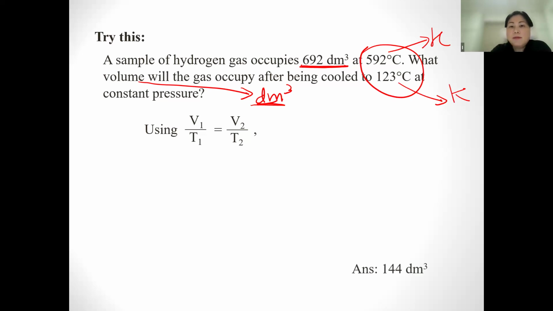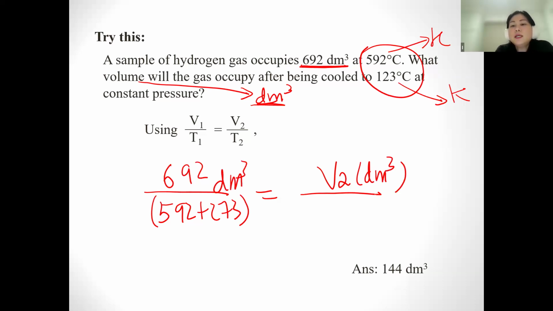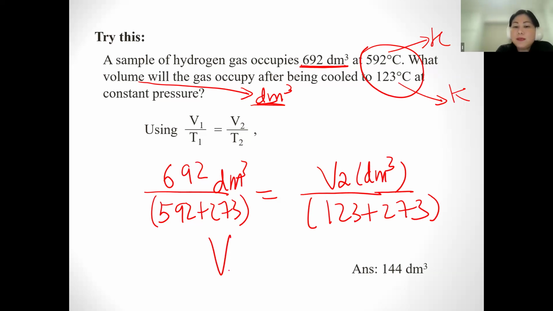So I can have 692 over 592 plus 273, so V1 over T1 equals V2, which is unknown in dm³, over T2. The T2 is 123 plus 273. So solve the equation, find V2.